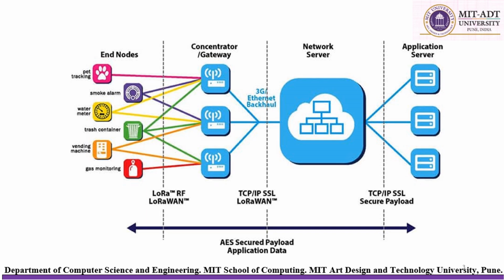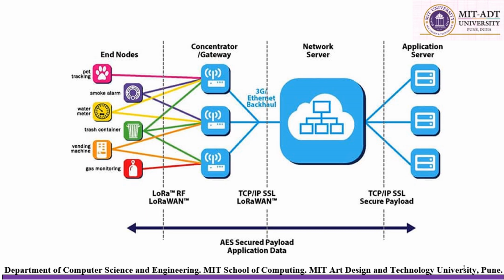End nodes are the sensors or actuators. They send LoRa modulated wireless messages to the gateways or receive messages wirelessly back from the gateways. The second important component is gateways. Gateways receive messages from end devices and forward them to the network server.